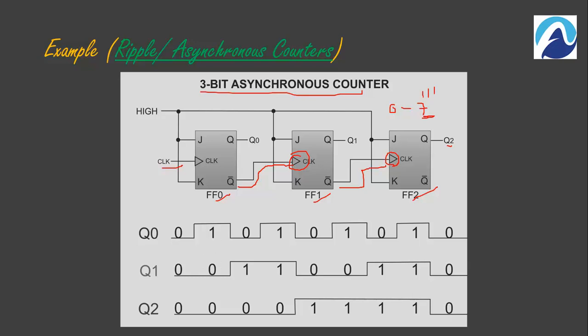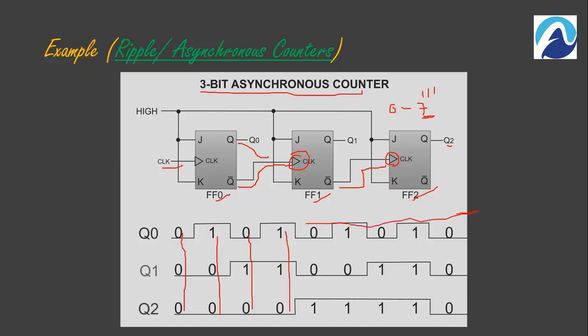We can also connect them from the output of the second flip-flop or the output of the first flip-flop, but that will change the circuitry and its working. We will see it later. So this is the timing diagram. This counter is a kind of up counter. It will show you 0 0 0 in the first clock, then 0 0 1 in the second clock, then 0 1 0, 0 1 1 and so on.